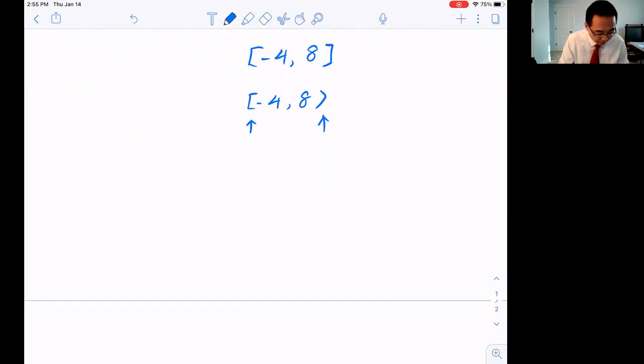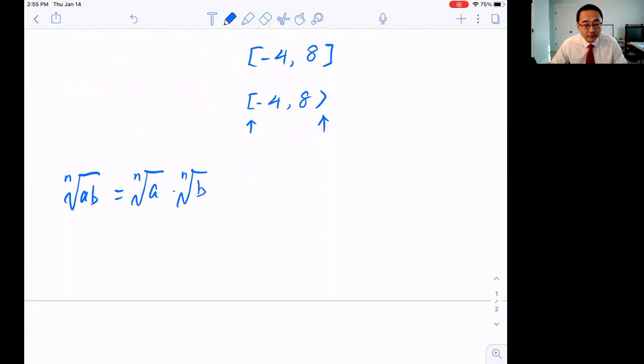Are you saying rules such as the properties, like the nth root of a times b equals the nth root of a times the nth root of b, this kind of stuff? Yeah. Okay. So these ones, I think you just need to look at these rules. This is one property.